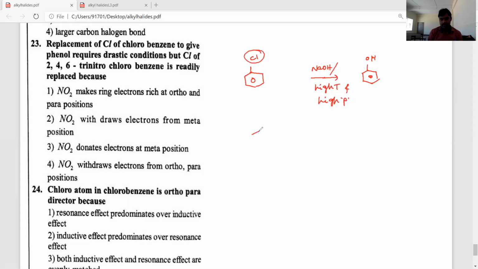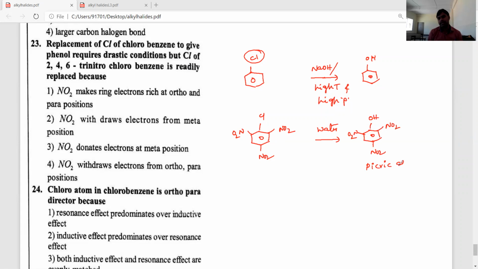Instead of this, chlorine will be replaced easily in the presence of NO2 groups. When NO2 groups are present, just water is enough. It is then converted into picric acid. 2,4,6-trinitrophenol is known as picric acid.